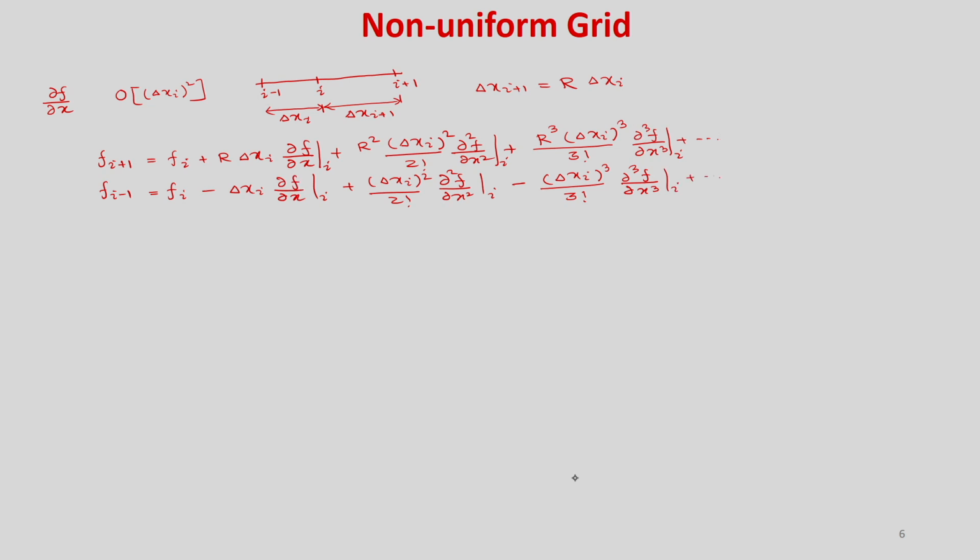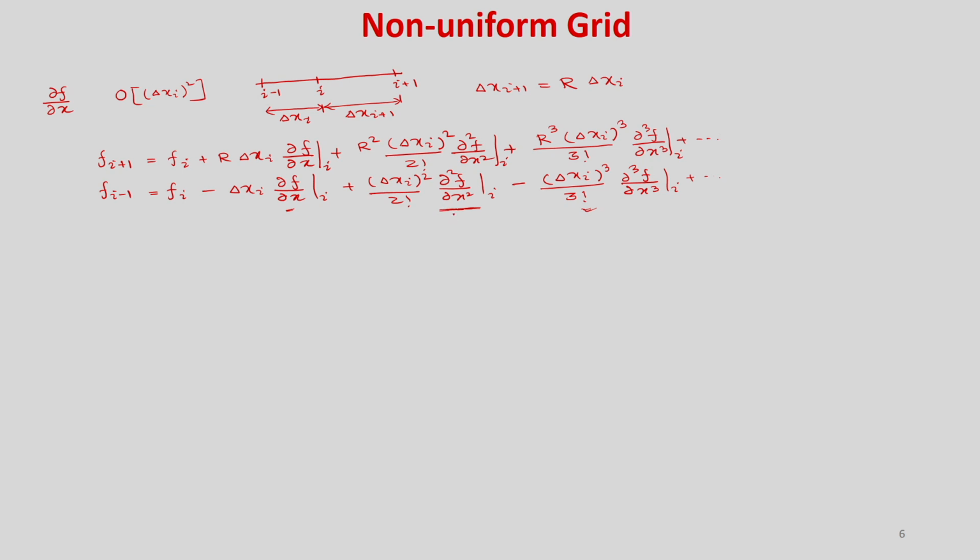So, now to get the second order accuracy, you can see this term, del 2 f by del x square, we have to eliminate. Then we will get del f by del x, and we will divide it by delta x I and get a second order accurate approximation.